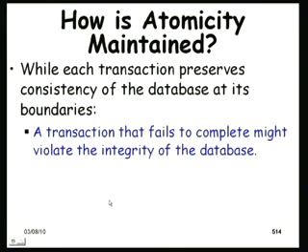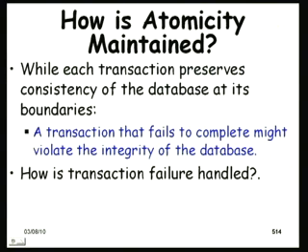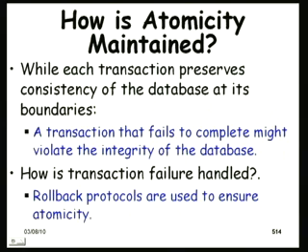But what if a transaction has started and it fails to complete? Then an incomplete transaction can lead to an inconsistent database. So, whenever there is a transaction failure, there have to be some rollback protocols to ensure that the state of the database is rolled back to the previous consistent state.